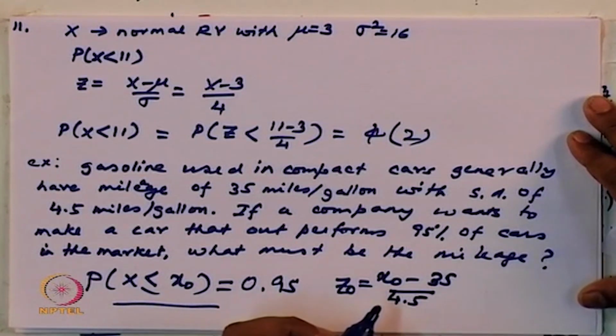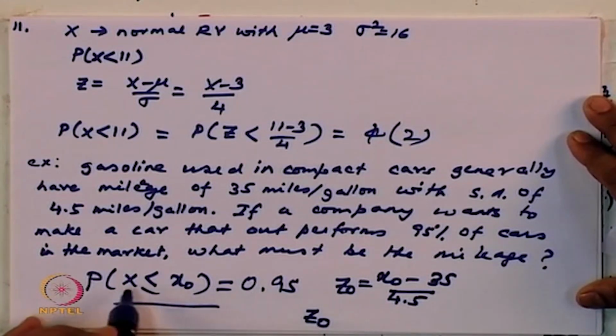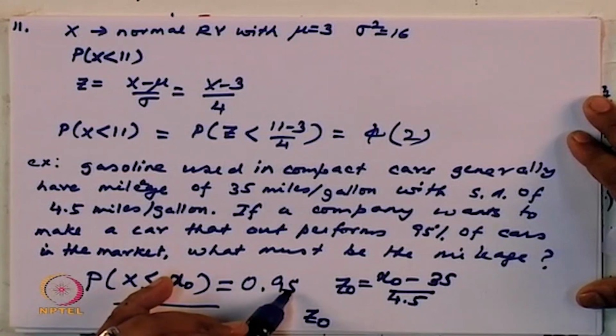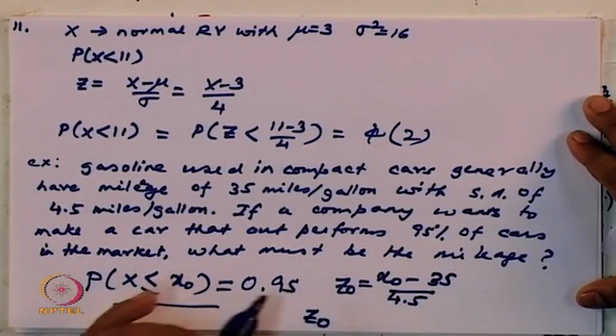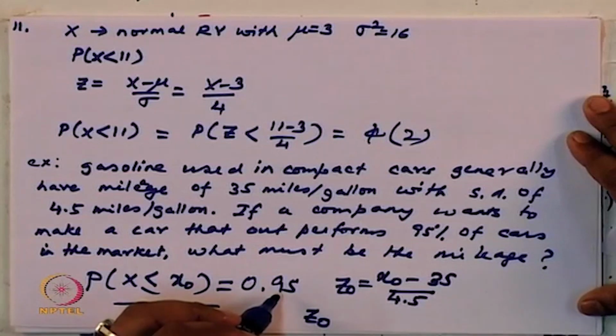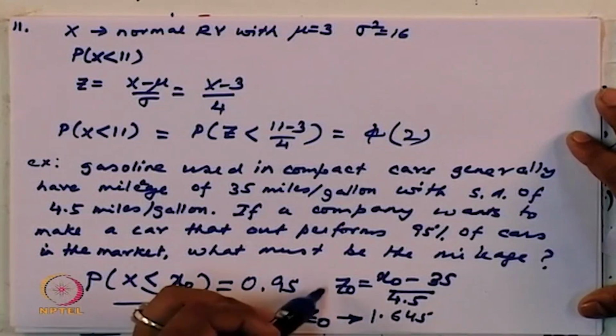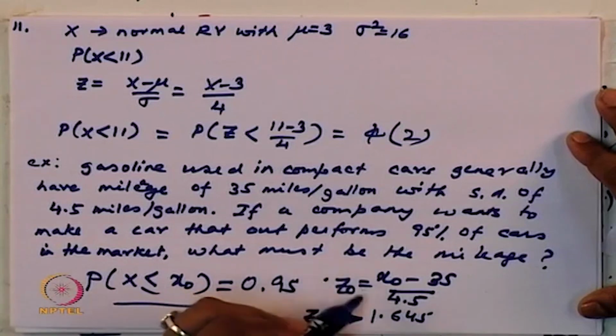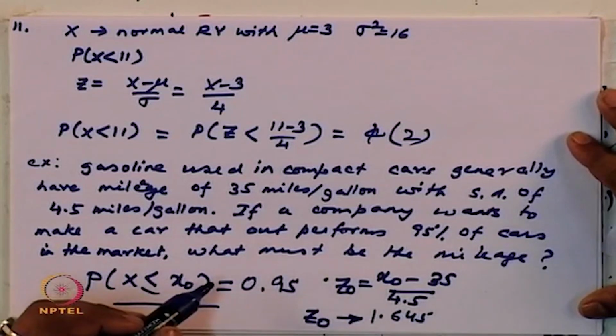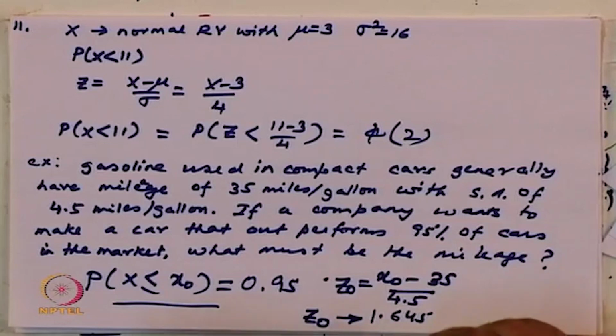We want to find out, by looking up the table, for what value of z naught the probability is 0.95. If you look up the normal distribution tables, you will see that z naught is roughly 1.645. Then you can use this equation to invert and find the value of x naught. That completes our discussion of normal distribution.